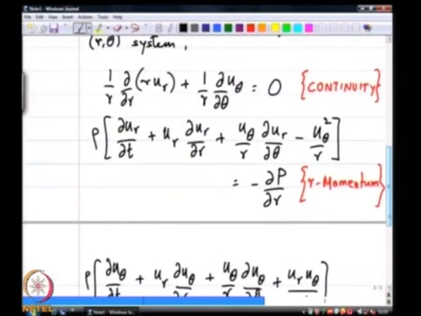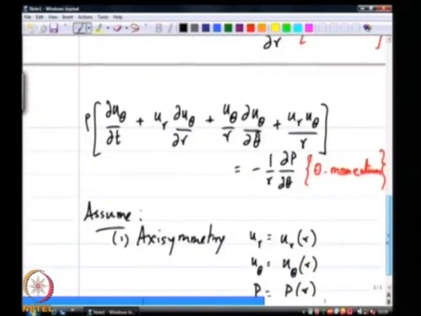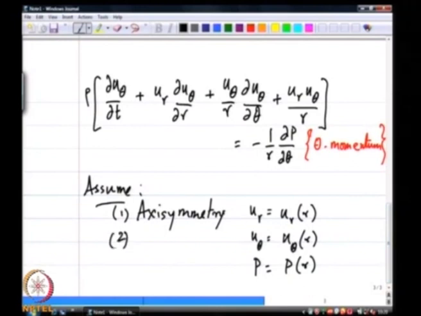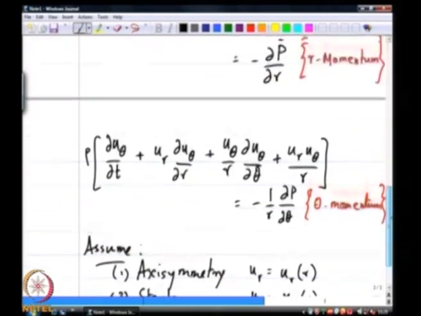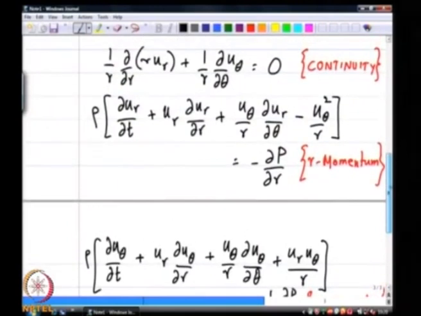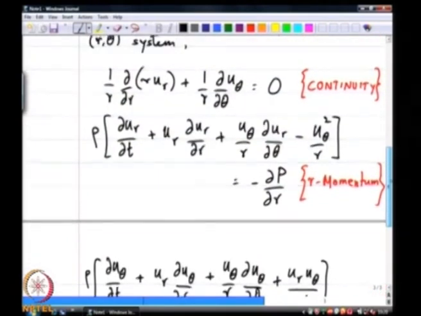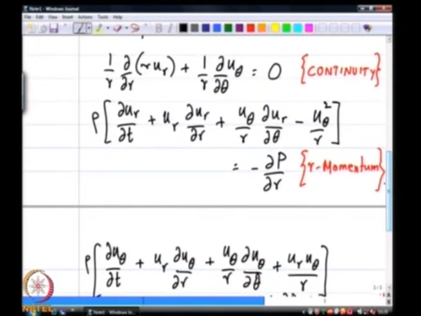If I use these axis symmetry assumptions and scratch out terms that are not important, if u r is only a function of r, I am also going to assume steady flow. So, things are spinning and we are well past the spin up phase, that is the phase where the fluid was adjusting to a rotating container or a rotating rod, and we are well past all of those transients and we are in a steady mode of operation.